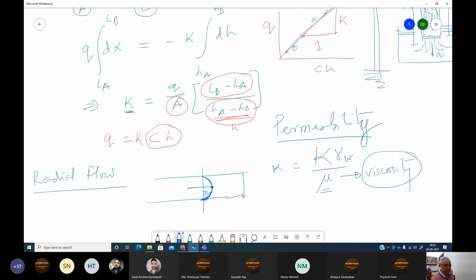Now, the viscosity unit, we call it, what do you call it? Poise. Sorry, permeability is measured in darcy; millidarcy is the unit of permeability.